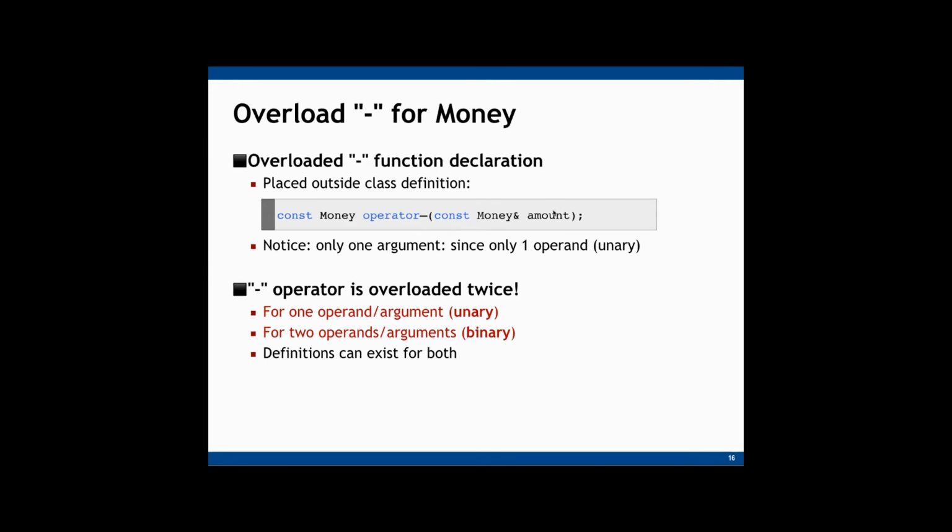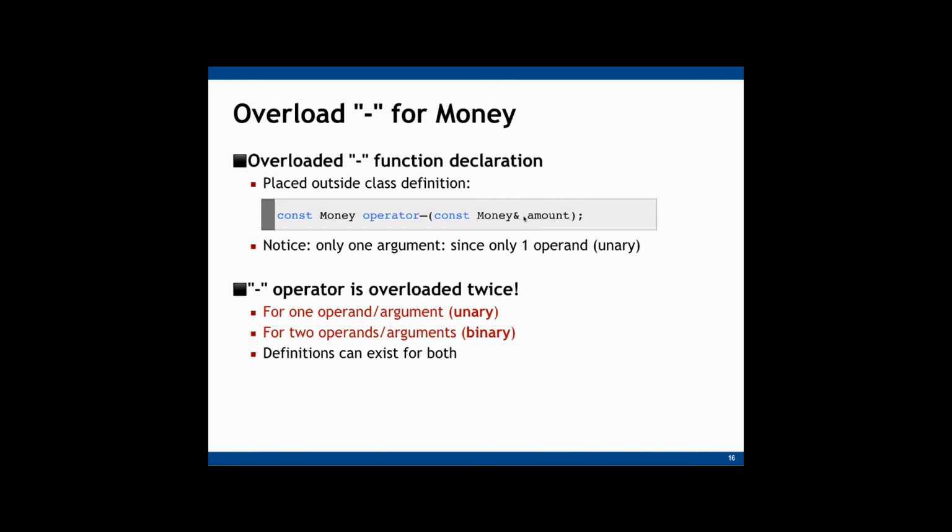Note that the minus operator can be overloaded twice, one for binary operators and another one for unary operators. So it can be distinguished based on the number of parameters declared in the overloaded operators.